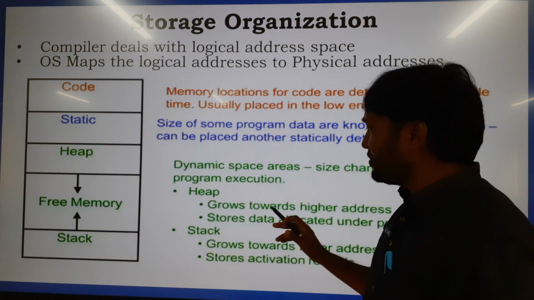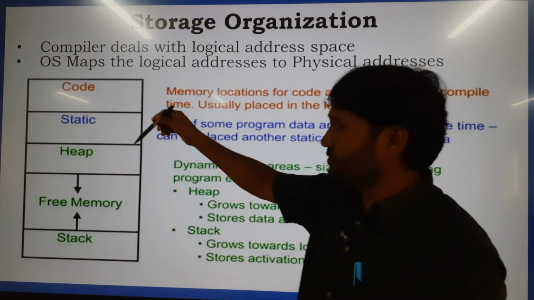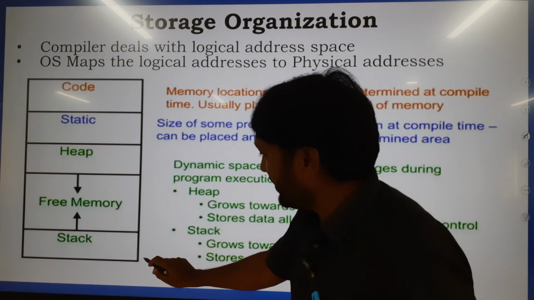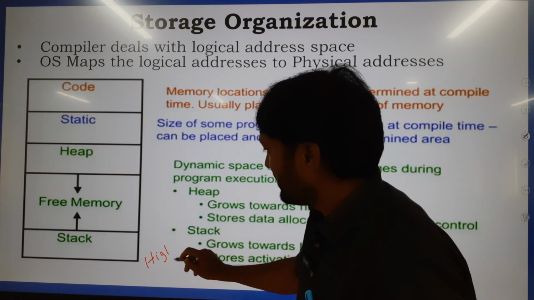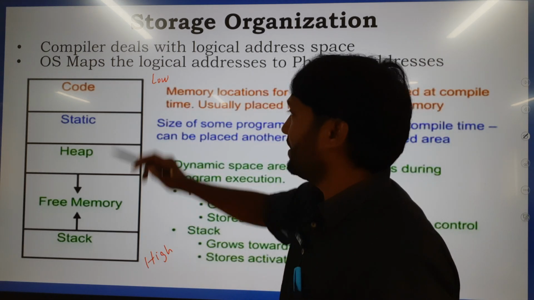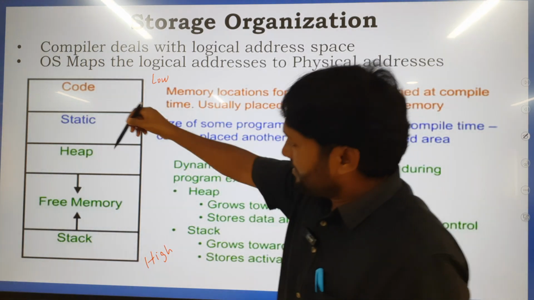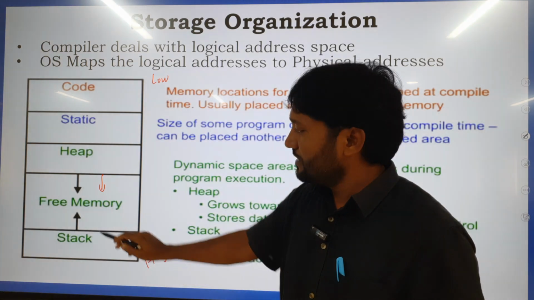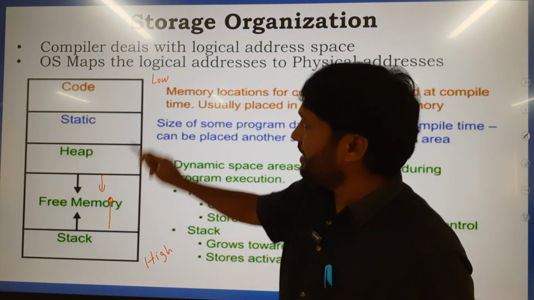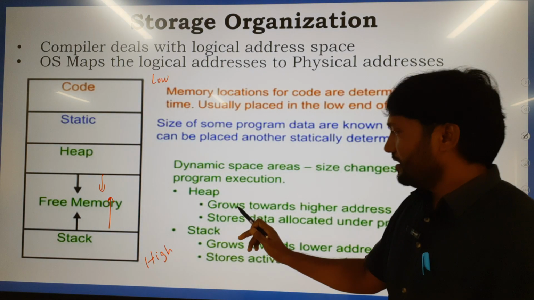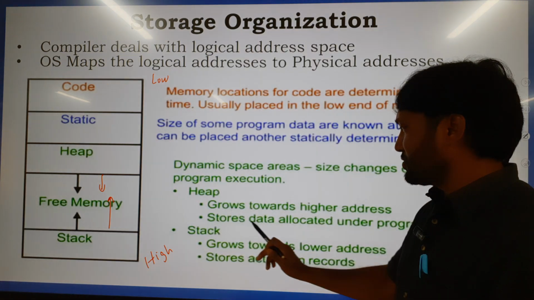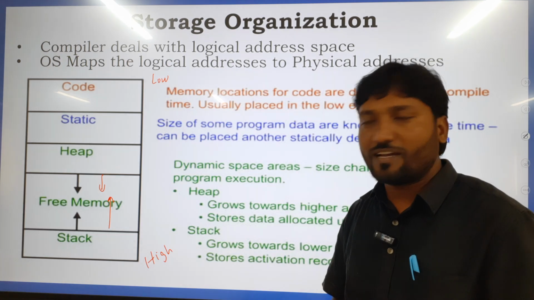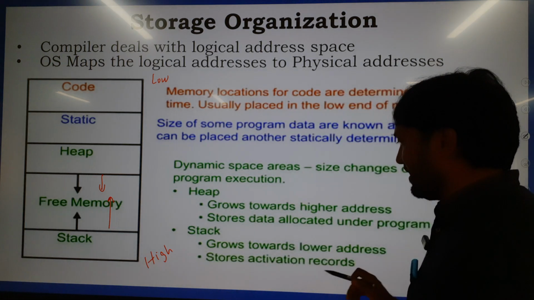Always remember that the heap memory grows towards the higher address. Here, this is the higher address and this is the lower address in the main memory. The heap memory grows towards the higher address, while the stack memory grows towards the lower address.